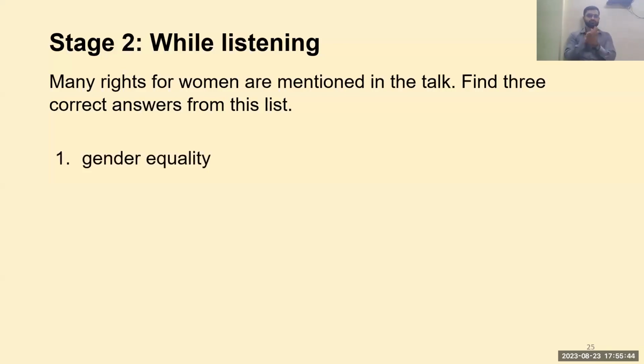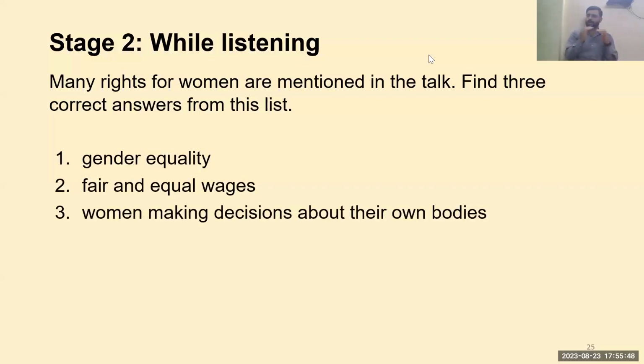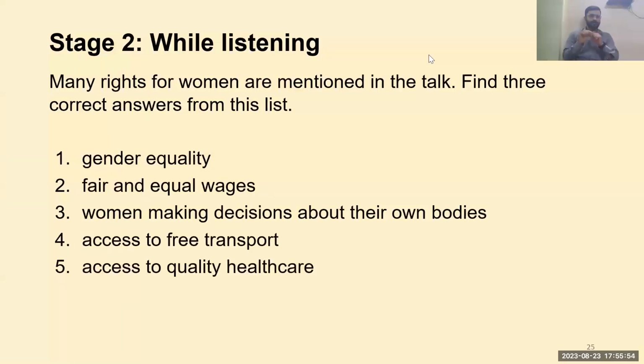The first one is gender equality, fair and equal wages, women making decisions about their own bodies, access to free transport, access to quality healthcare, and voting rights. So we have 6 rights here, out of which only 3 are being mentioned in the talk. So listen carefully what rights are being mentioned there.